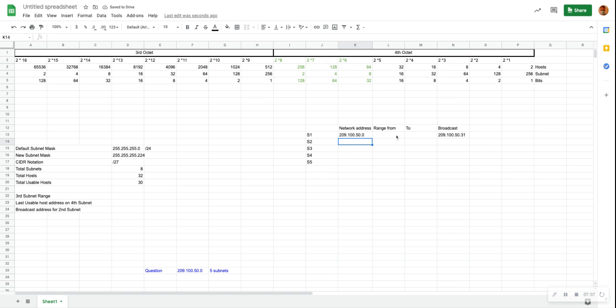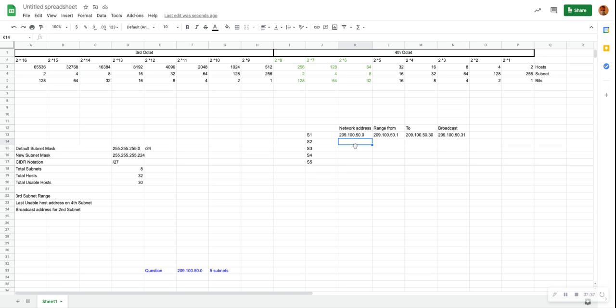So the range of usable addresses, where devices are connecting to the network, would be .1, and the last one would be .30. If people come in with mobile devices and they're connecting to this subnet, their only usable range is between 1 and 30.